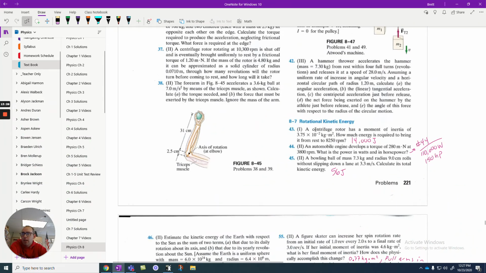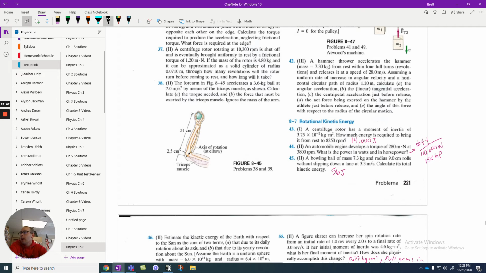Rotational kinetic energy. I really like these. It talks about the moment of inertia. That's our I. How much energy is required to bring it from rest to rotating. So a centrifuge motor, it spins things in a circle. We use it to separate different fluids or different materials. Heavy materials go to the outside. Lighter materials come towards the middle.